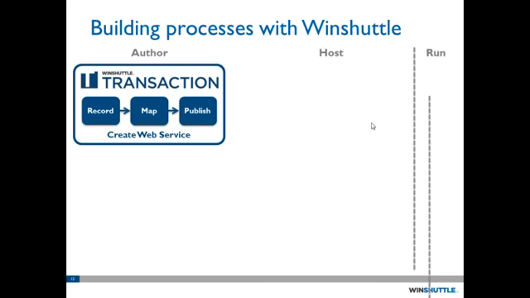So building processes within Winshuttle starts with the transaction. At the basic core of every form within this process is an SAP transaction. I'm simply going to record the SAP transaction via the GUI, complete a good transaction, and then at the end of that process, I will publish a web service.